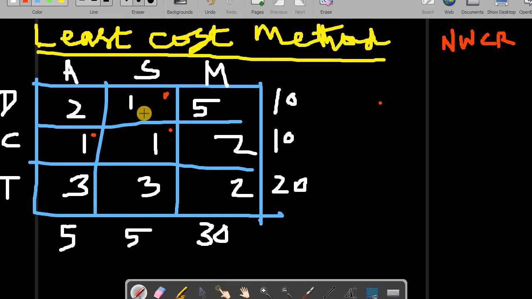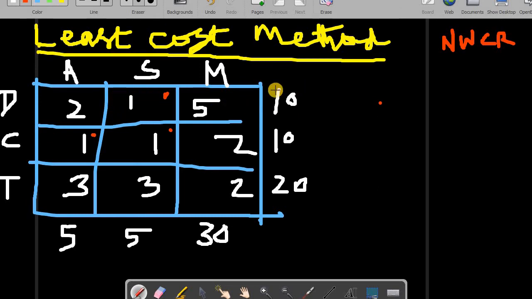So we can assign here or here or here, in any of these places, but the condition is that we have to assign the minimum among the availability and the demand. Now I take this particular cell for assignment, because that is the least cost.